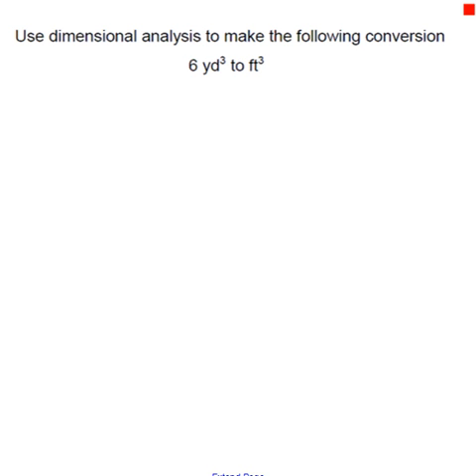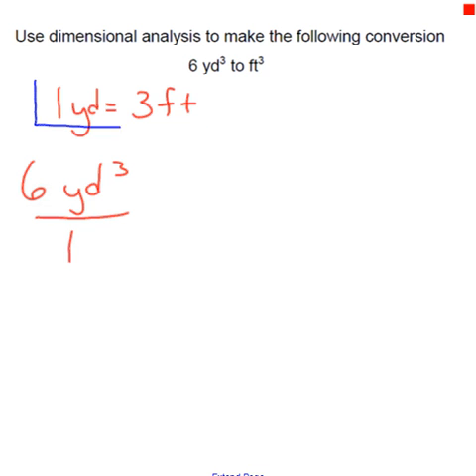So I could go back to my chart and it'll show me that 1 yard is equal to 3 feet. So I start out with 6 cubic yards, make it into a fraction. But remember, my unit conversion here doesn't tell me how many cubic feet are in a cubic yard.